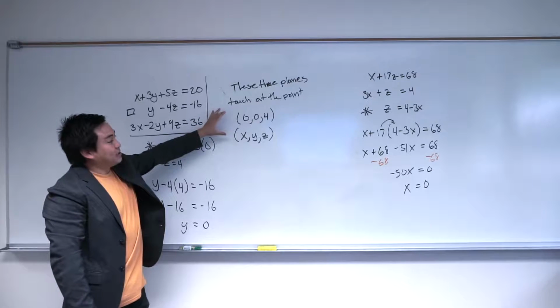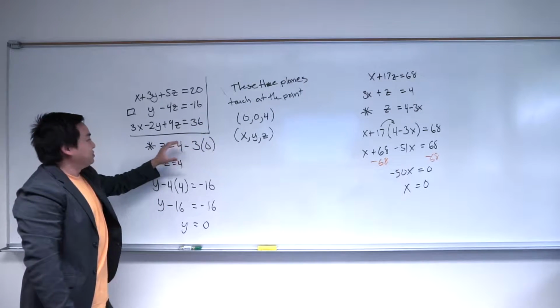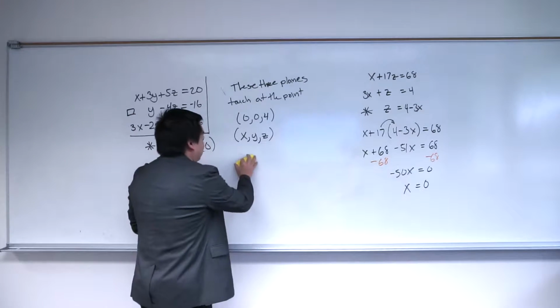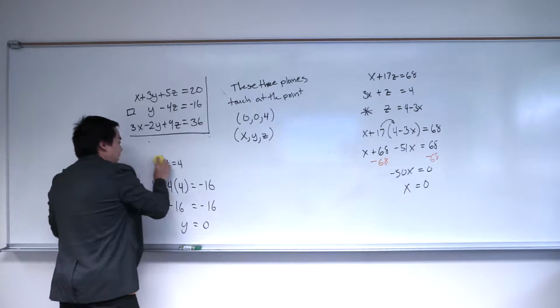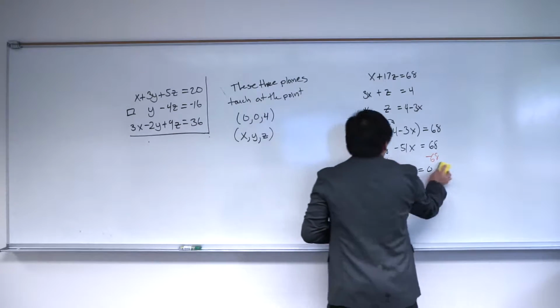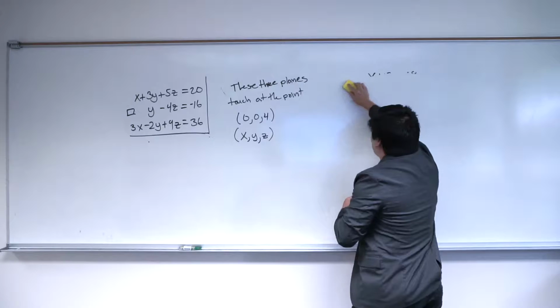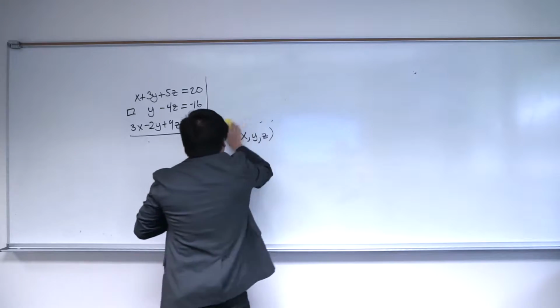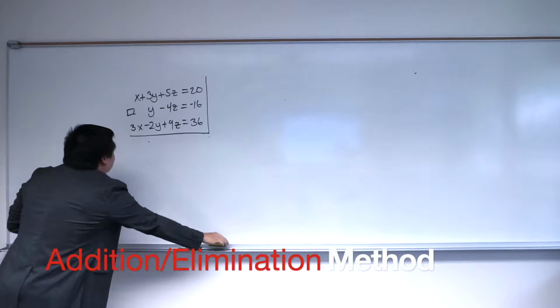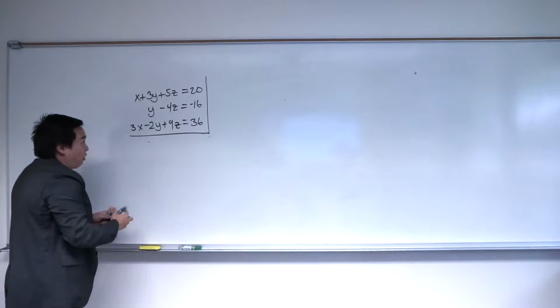Now that we know the answer, which is 0, 0, 4, let's go ahead and do this using the addition or elimination method. And you'll notice that we get the exact same result, and it is very similar to the 2 by 2 system. So the goal here, and what you're trying to do, is find a pair.